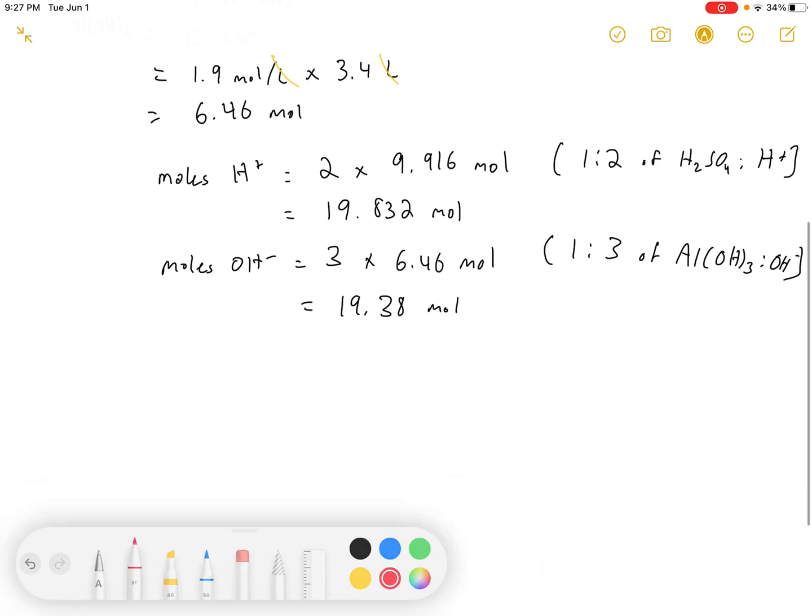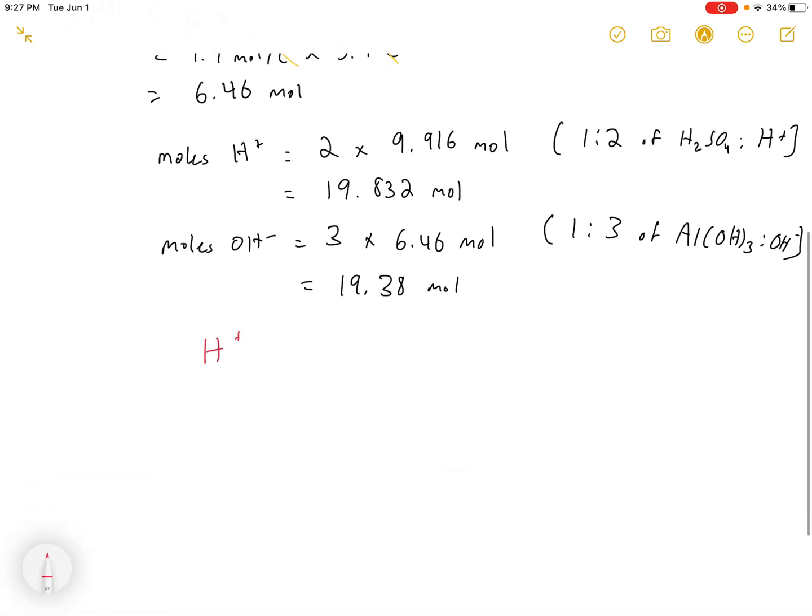Again, we've seen this in the previous example, but the net ionic equation for a neutralization reaction is H plus plus OH minus gives you water. So in a neutralization reaction, there is a 1-to-1 ratio of H plus to OH minus.